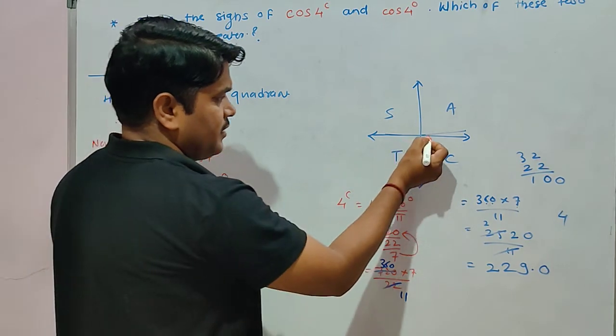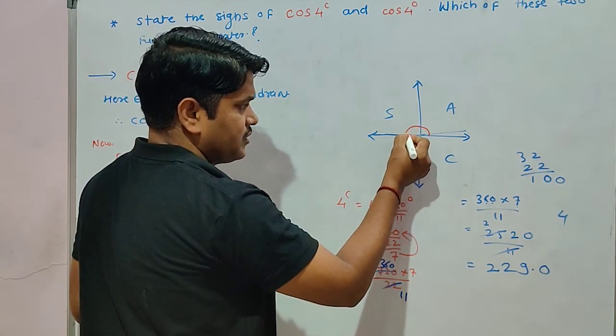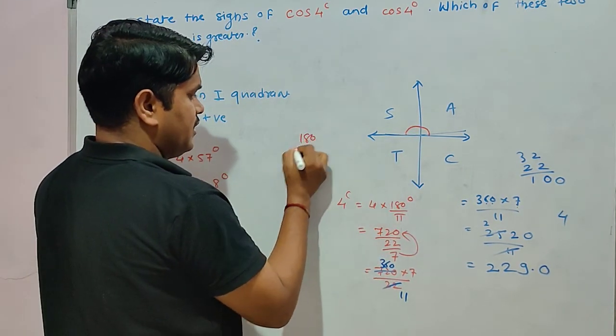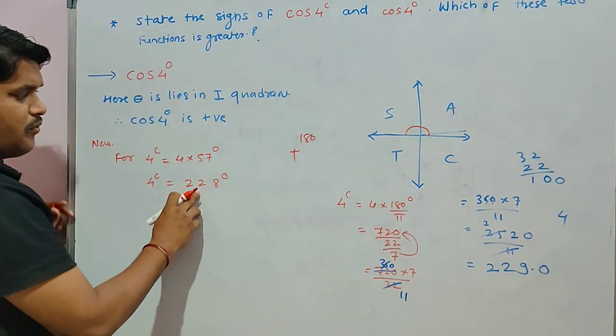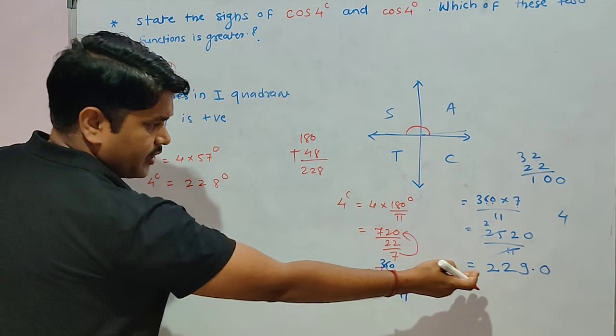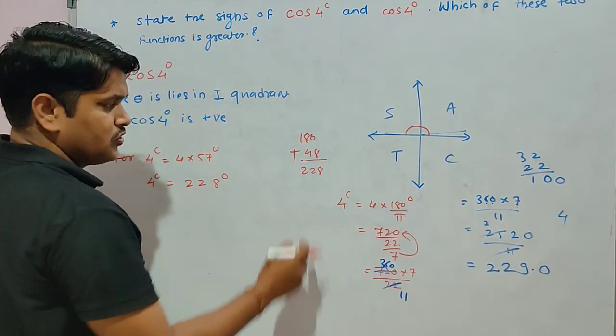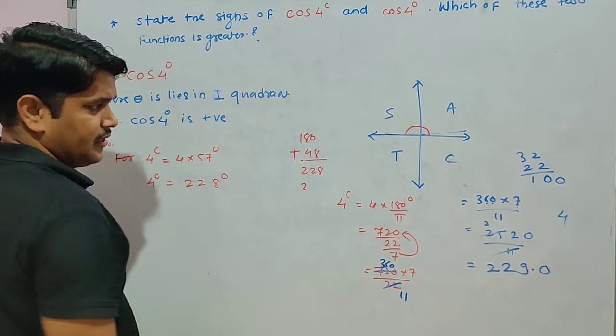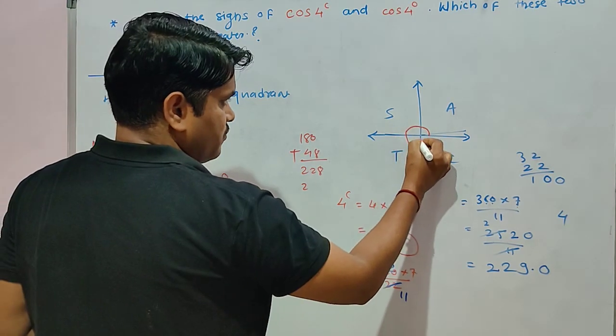180 means 90 plus 90. For 228 we require 180 plus 48, or if we take 229, we require 49. Which quadrant does theta lie in?